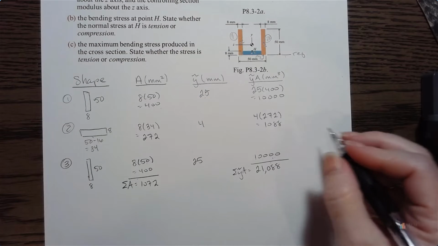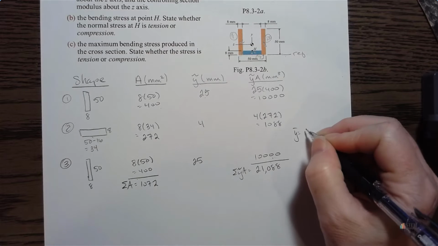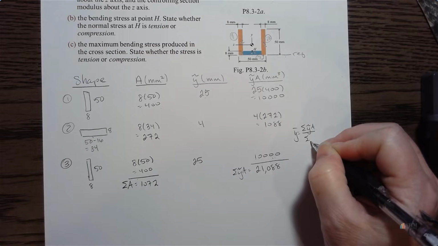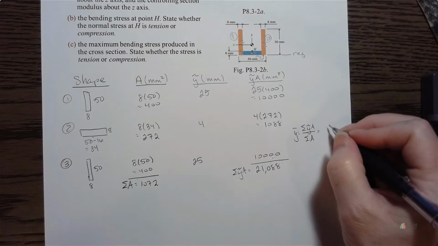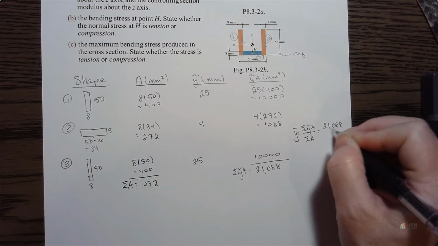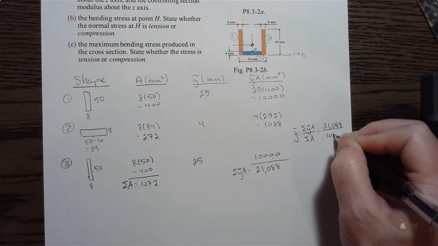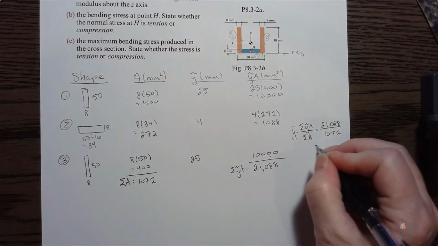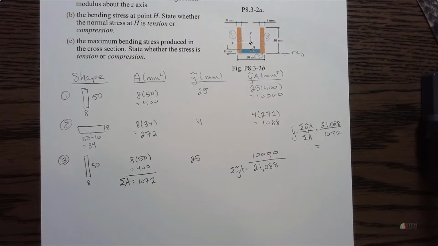So now I'm wanting to find y bar. Okay, so y bar is basically the sum of the products over the sum of the areas. All right, so let's do that calculation. And if we do that, what do we get?